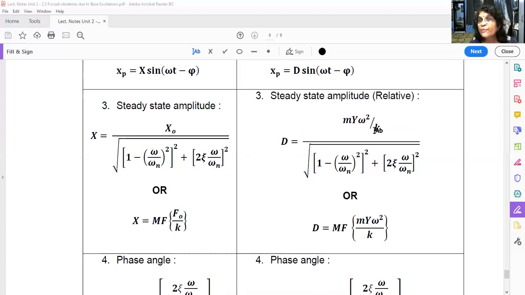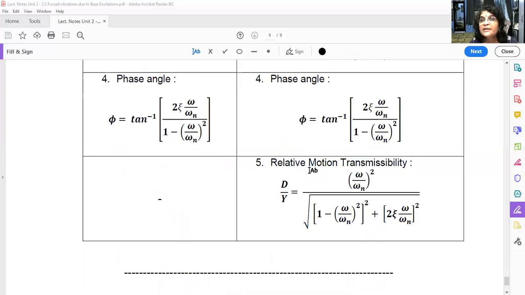M omega square upon K. If you take this K, this M below K, what will be K upon M? Omega n square. So your right hand side numerator will become omega square upon omega n square. Okay, see, the same thing is written here. And that is known as the relative motion transmissibility. D upon Y is equal to omega upon omega n square upon the whole square root.